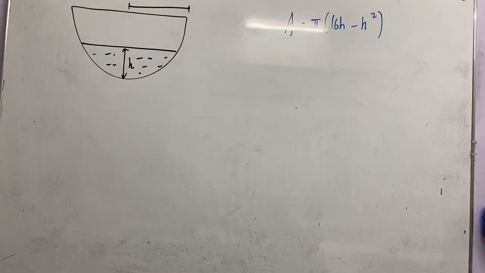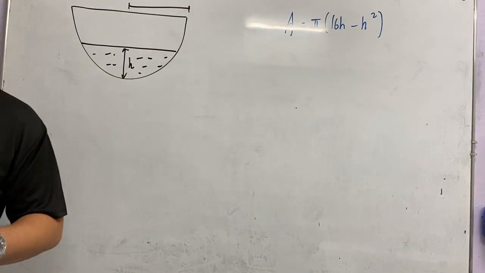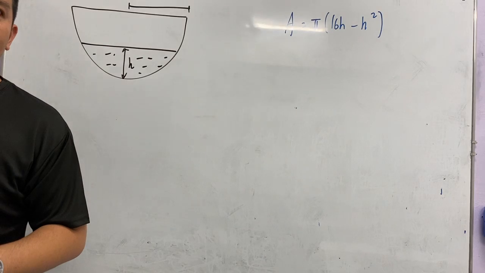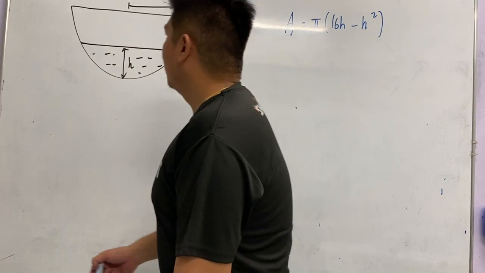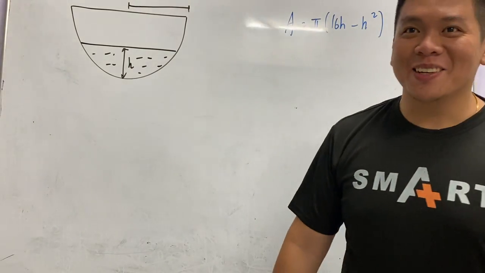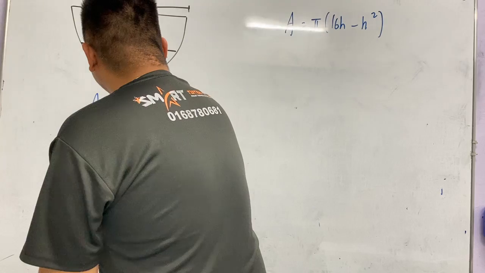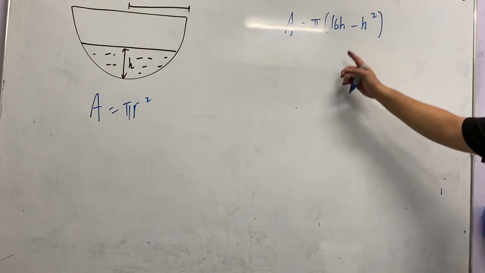Okay. Now, if you imagine, ini dah satu mangkok and this is a ball. Kalau kita tengok daripada atas, apa bentuk yang kamu nampak dekat surface of the water? Bulat kan? Circle. What's the formula for area of circle? Area of circle is pi r squared. Tetapi soalan cakap dia nak yang macam ni.